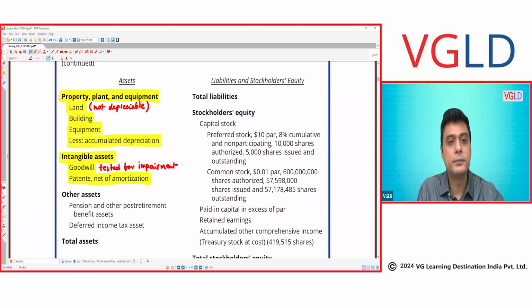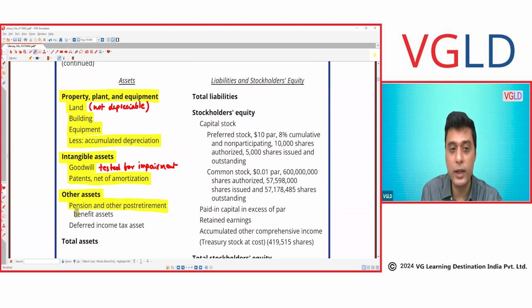Other assets, pension and other post-retirement benefits, deferred income tax asset. Of course, pension is not part of your syllabus anymore. It used to be, and it used to be a very tricky topic. So luckily for you guys, pension is not in your syllabus anymore, but deferred tax is.